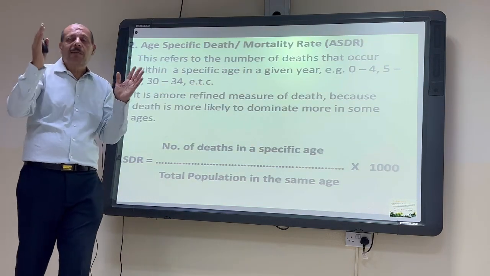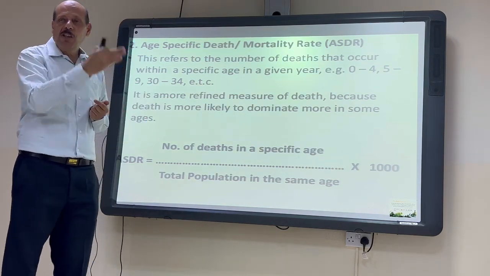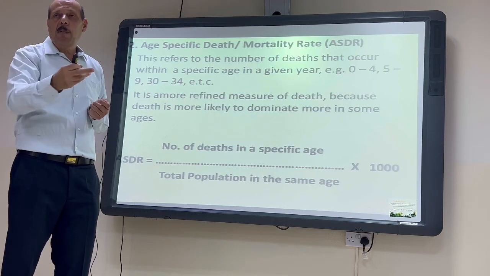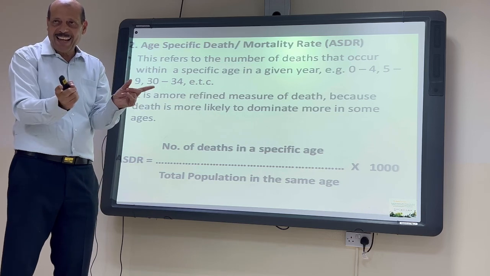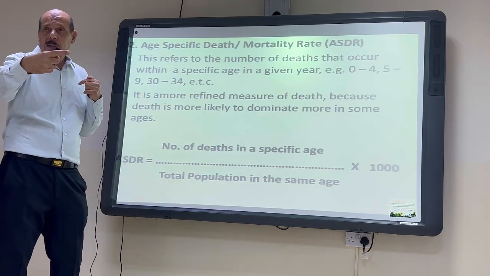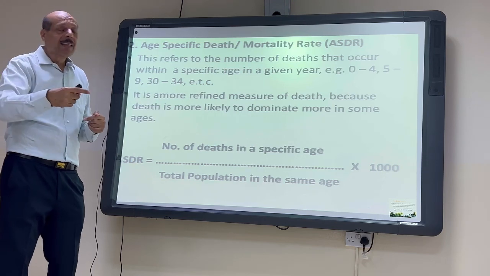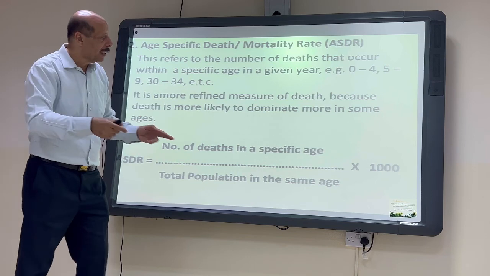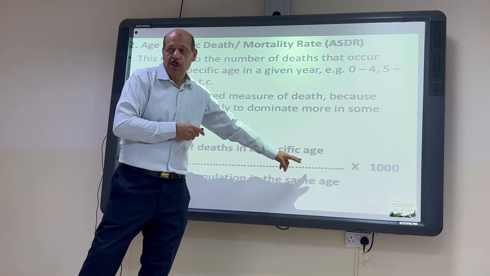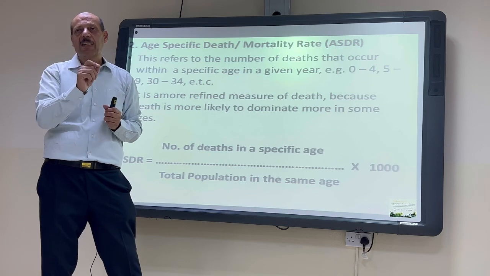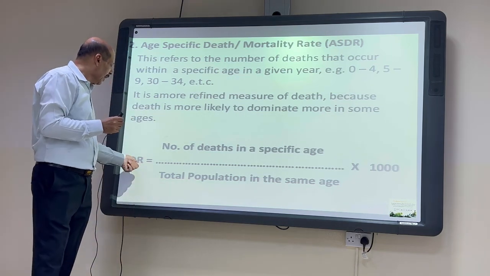If we are taking, let's say, from age 40 to age 50, the number of deaths within that age group is divided by the number of people in that given year who are also aged 40 to 50, multiplied by 1,000. So it is called the specific age group death rate, or death rate for age group.